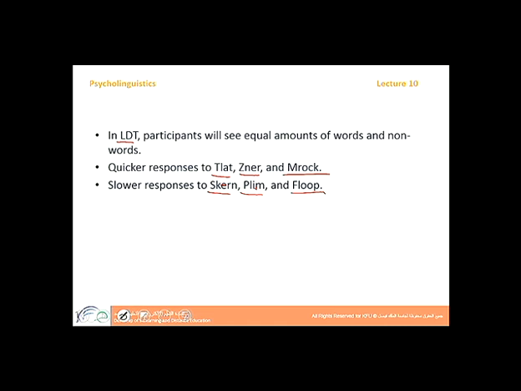But remember that I said the computer will calculate how long it took you to say, yes, this is a word, or this is not a word. Now, participants all said these are not words, which is correct.